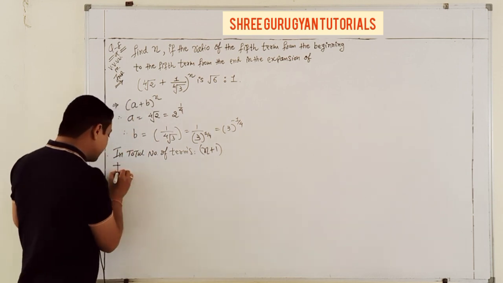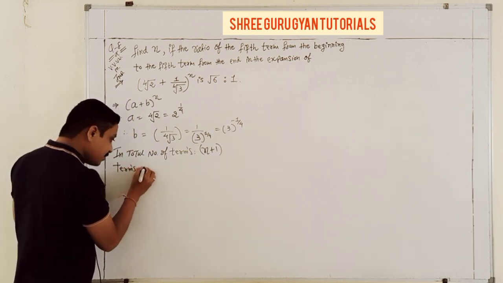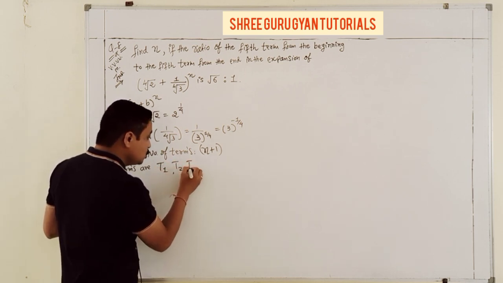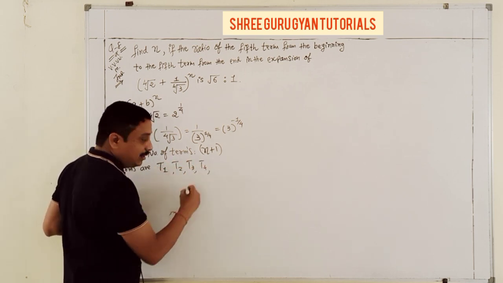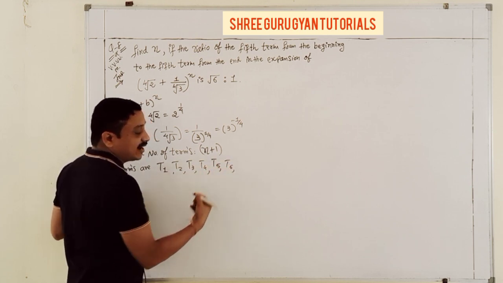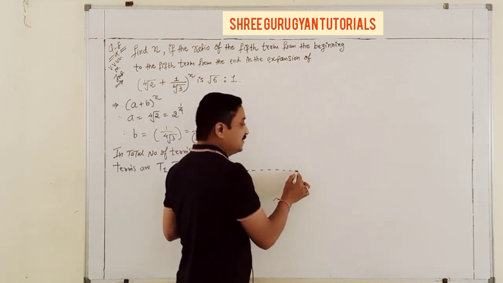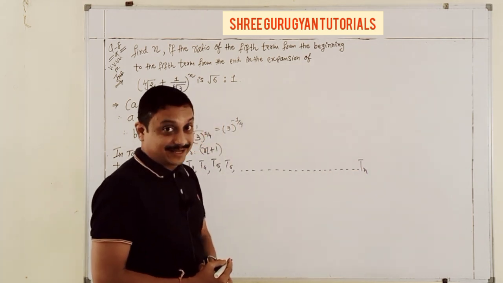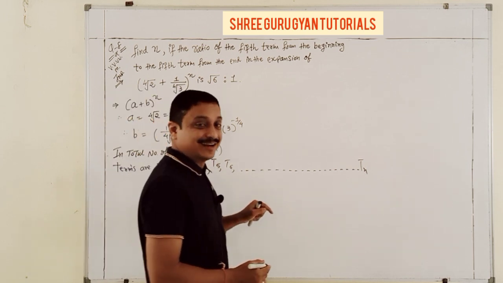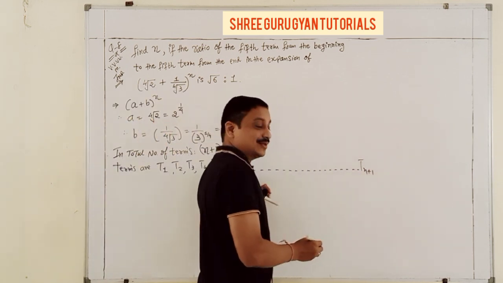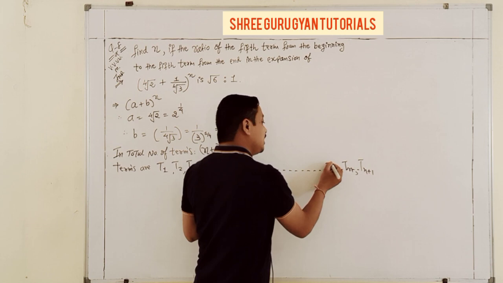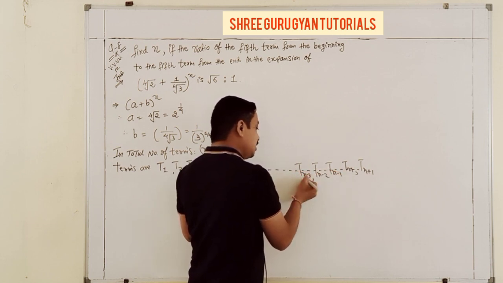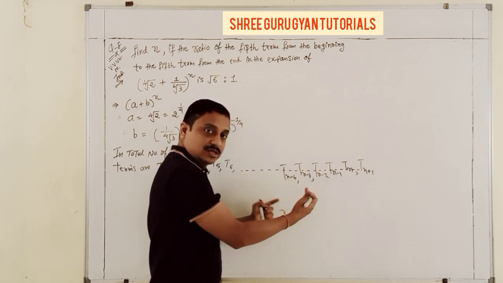So the terms are T1, T2, T3, T4, T5, T6, up to T(n+1). So what is the previous term? Tn, Tn minus 1, Tn minus 2, Tn minus 3, Tn minus 4, till the last.